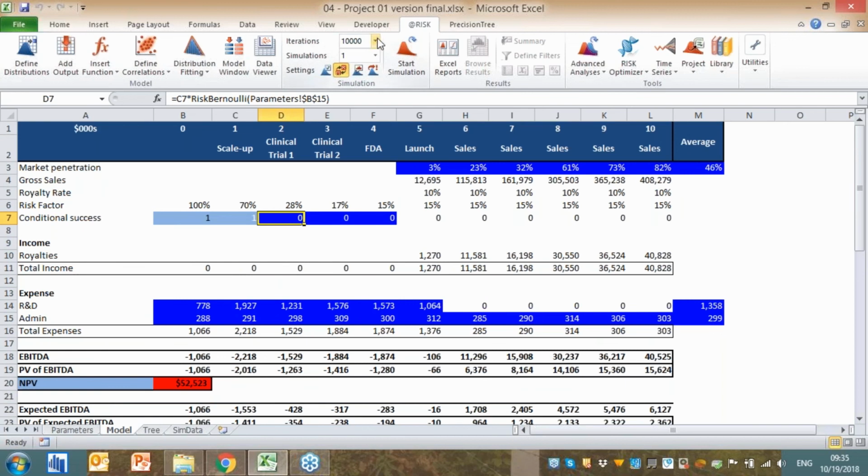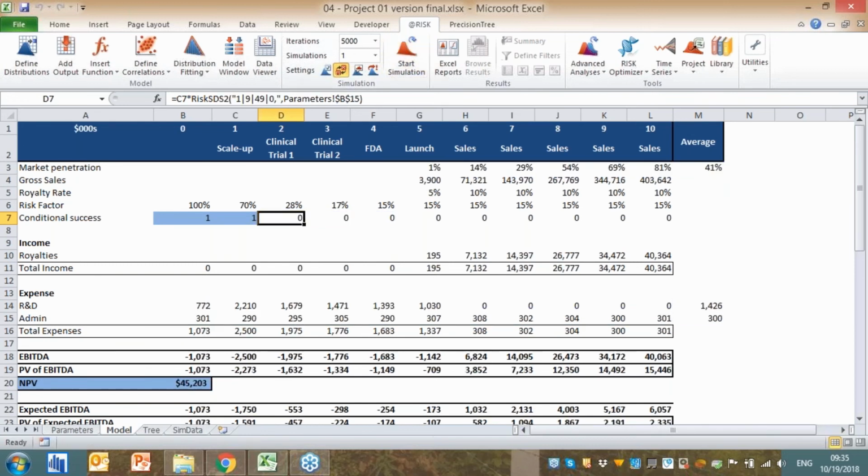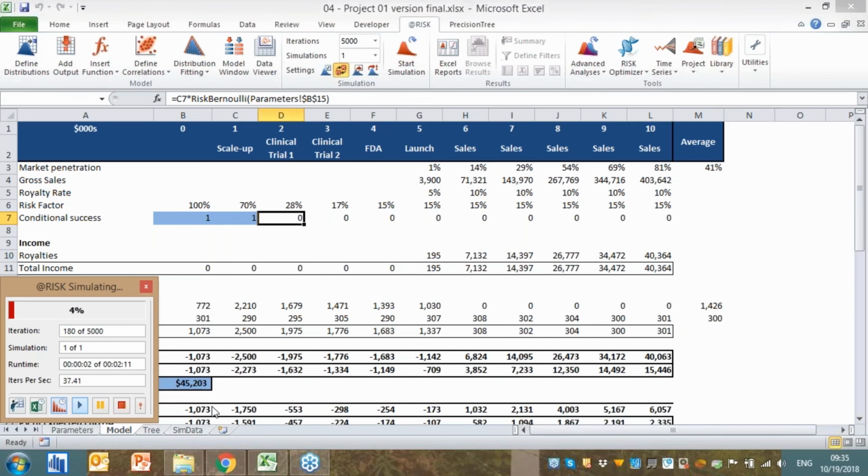Now, let me once again simulate 5,000 iterations. Let me not turn on my demo mode here, in order for the software to run the simulation faster. @Risk is smart enough in this case not to generate a graph and change the values iteratively of the Excel model, and it is going to simulate a little bit faster.